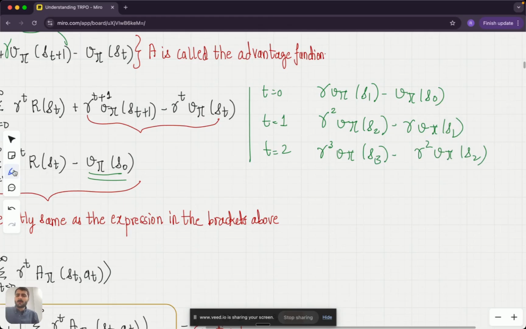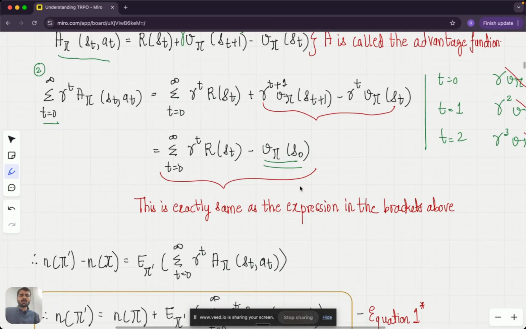Now, if you add up all these terms, you see what happens is all these terms cancel because they are one and the same. And the only term that you will be left with is this minus v pi of s0, which is exactly what we have written over here, minus v pi of s0. So this is called the telescopic sum. It is a technique used in a lot of mathematical expressions to simplify the expressions.